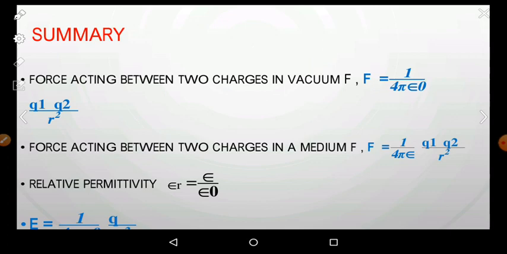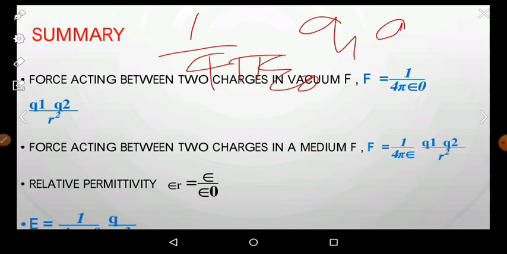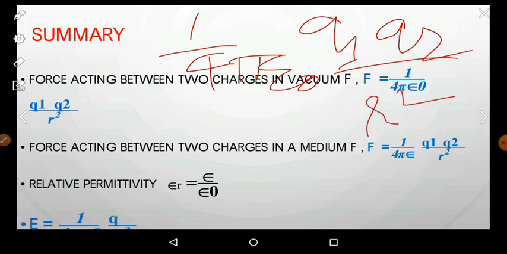The force acting between two charges is 1 divided by 4 pi epsilon naught q1 q2 divided by d square, in vacuum. If they are kept in any other medium, force equals 1 by 4 pi epsilon naught epsilon r, q1 q2 by r square, where epsilon r is the relative permittivity, epsilon divided by epsilon naught.